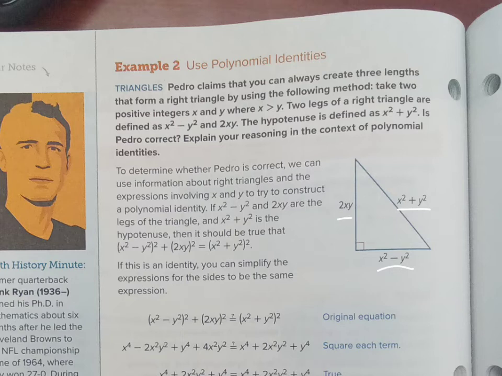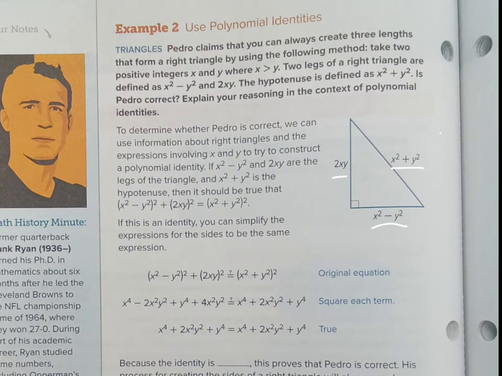Okay, so if you have a right triangle and you have a bunch of side lengths, then you should be thinking about a certain theorem. The Pythagorean theorem. And what is the Pythagorean theorem?